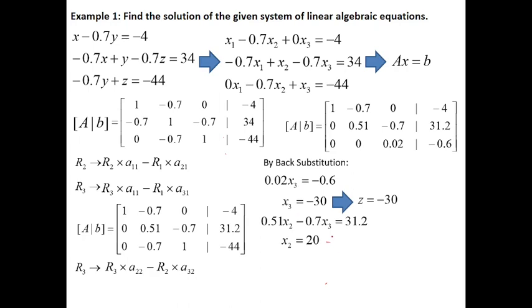So x2 now is 20. And then, we have x1 plus negative 0.7 x2 plus 0 x3 equals negative 4. So, what is x sub 1?